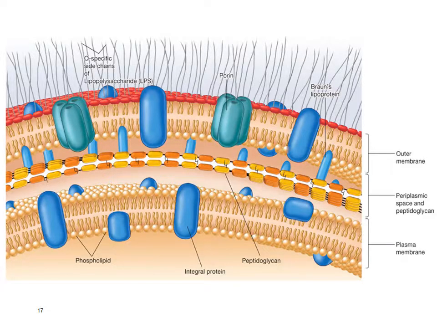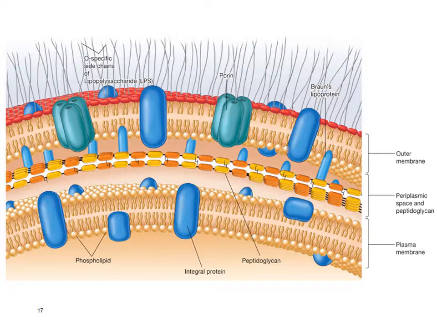Here we have a nice illustration of the gram-negative cell wall. Let's start at the bottom of the screen, and you can follow the labels to the right-hand side. So we start with the lipid bilayer of the plasma membrane, and we can see the phospholipids, of course, and the integral membrane proteins.